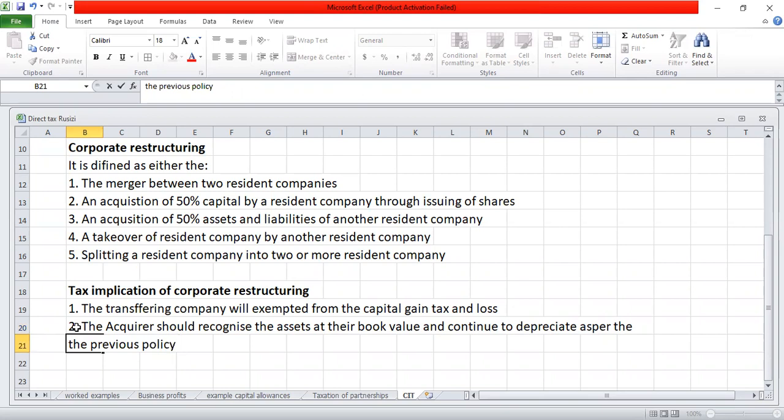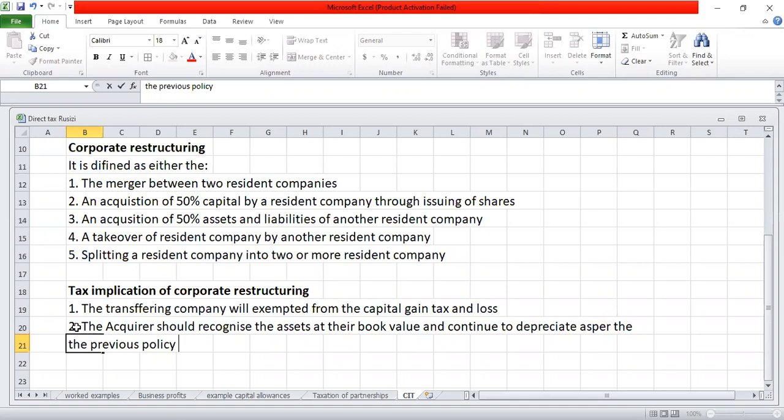The acquiring company should recognize the asset at their book value. As long as it is a corporate restructuring, the company that is acquiring the asset should recognize it at their book value. And the company should continue to depreciate the asset as per the previous policy of the company that has been acquired. So you don't change the depreciation policy when there is a corporate restructuring. So these are the key tax implications when it comes to corporate restructuring.